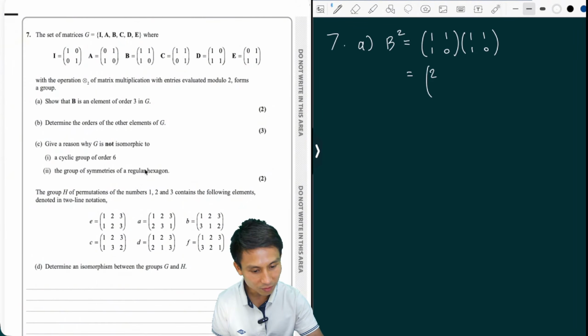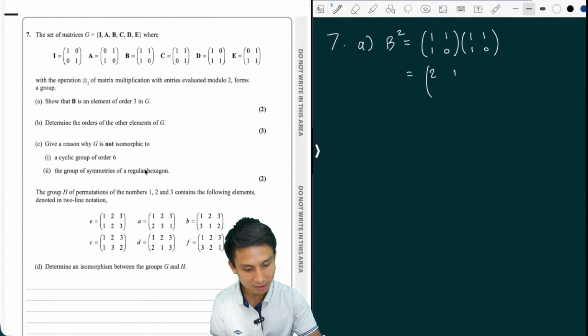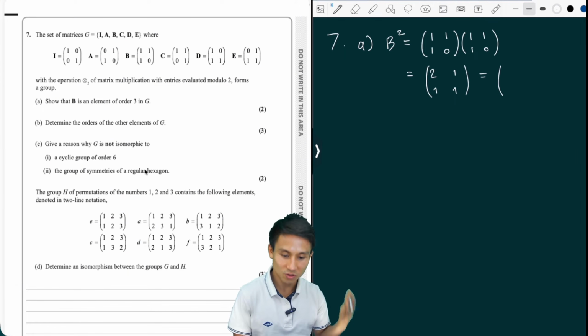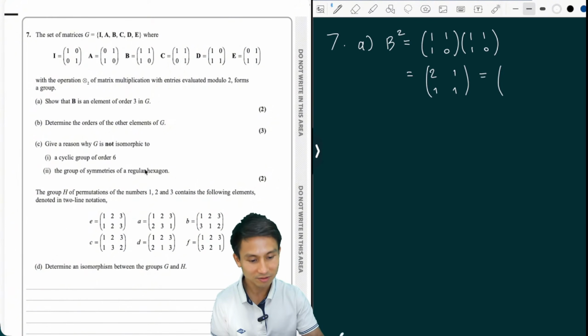And then the other one will be 1 plus 0 is 1. And bottom left here is 1 plus 0 is 1. And the bottom right is 1 plus 0 is also 1. But if we do modulo 2, if you divide all the elements by 2 to find the remainder, this is 0, 1, 1, 1, mod 2. Okay?